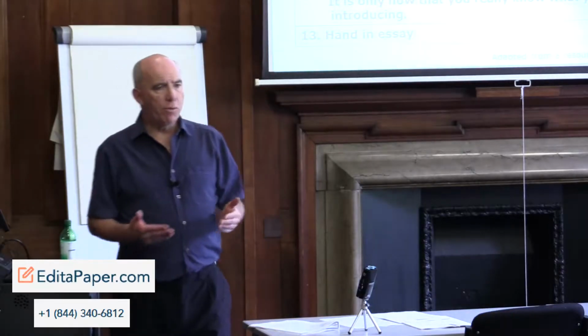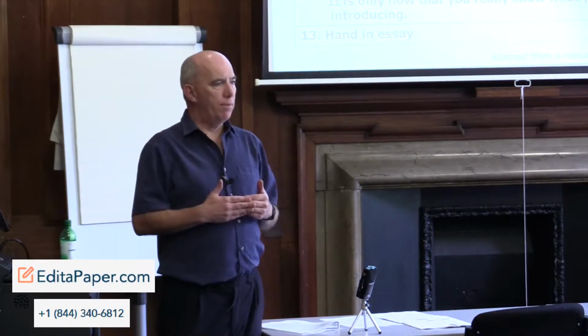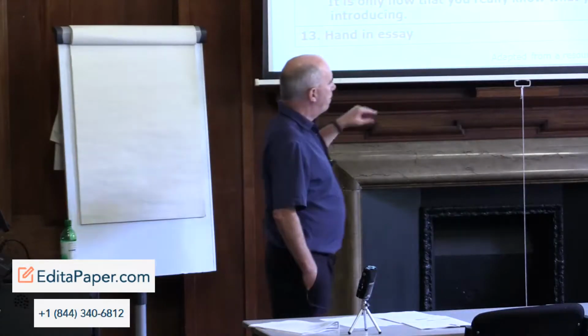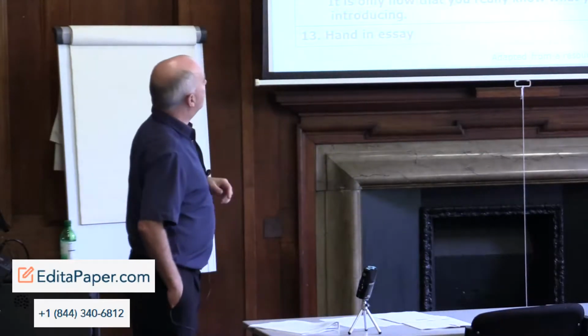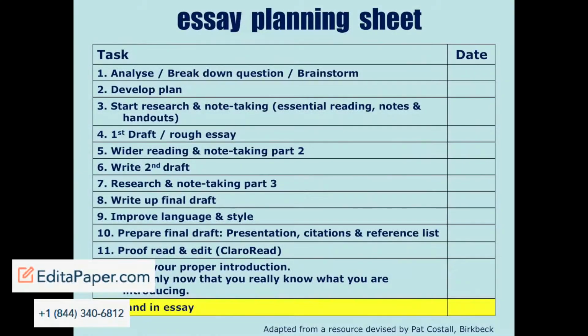And if there are any problems on the way, you've got an extra week to play with. If there aren't any problems and you can hand it in a week early, well, that's good. You've gained some time. And if you work backwards with a diary or a calendar, putting dates beside each of these tasks, until you get to task one, you've got a timeline to work to. You can see if you're keeping up with your plan, or are you falling behind?